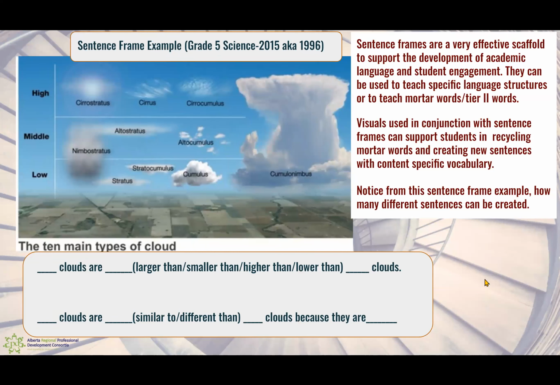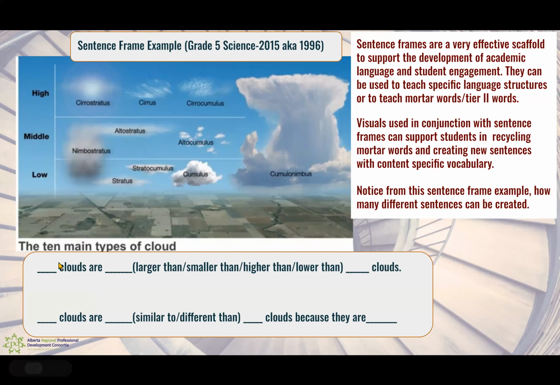Here's another example. This is for the legacy curriculum, that's for science. I don't know, some school divisions are still using the old 4 to 6 science curriculum. Some have transitioned to the new, but this is just one from the Weather Watch curriculum, and just adding a visual and a couple of sentence frames, students can share countless ideas and pull lots of information from just the visual and these sentence frames.